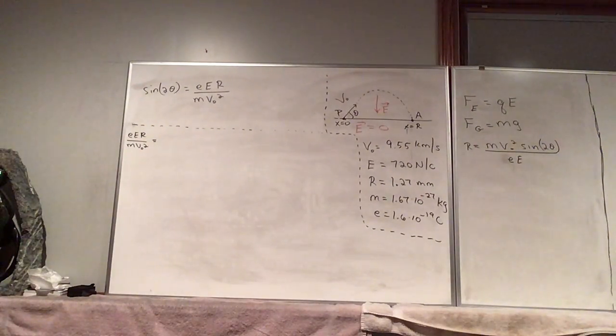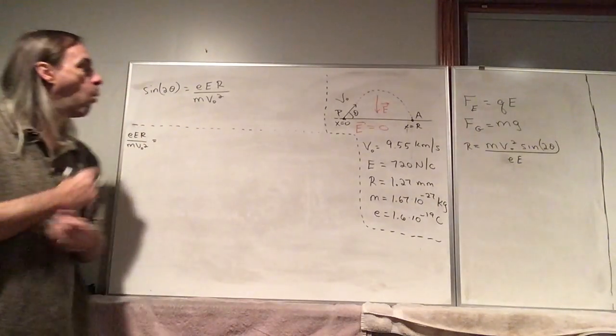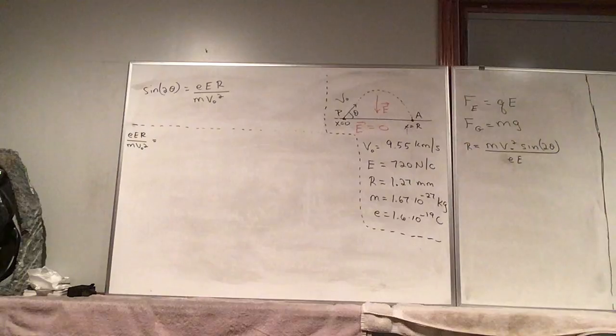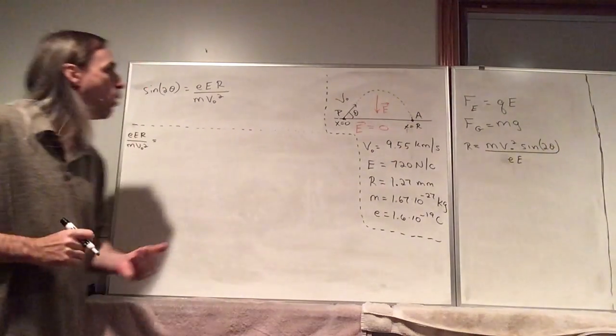Also we should note that this number that we come up with should be less than 1, because sine of x, whatever x is, oscillates between -1 and 1.